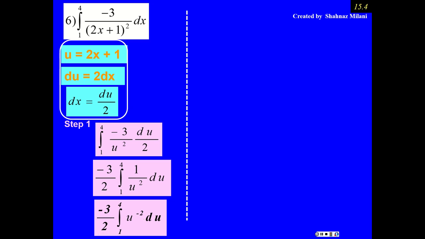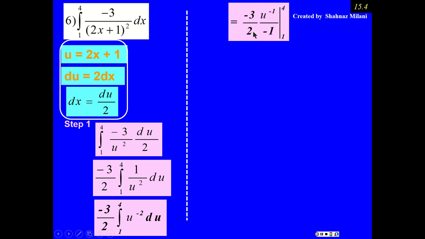Now, let's get the antiderivative. This minus 3 over 2, carry it down. The antiderivative of u to the exponent minus 2, you will add 1 to the exponent, which means minus 2 plus 1 becomes minus 1. Minus 1 goes as a denominator. Draw your vertical line between 1 to 4.